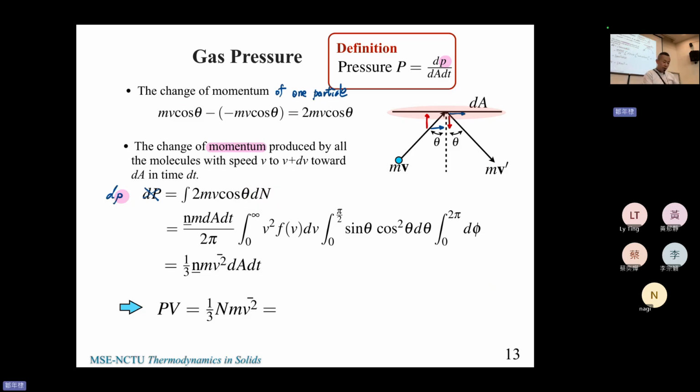If we write it down like this, dn is n under bar f(v) dv v dt cosine theta dA times sine theta d theta d phi over 4 pi.